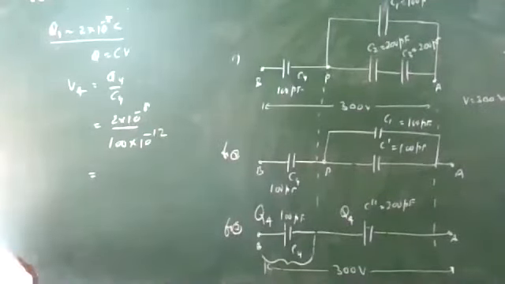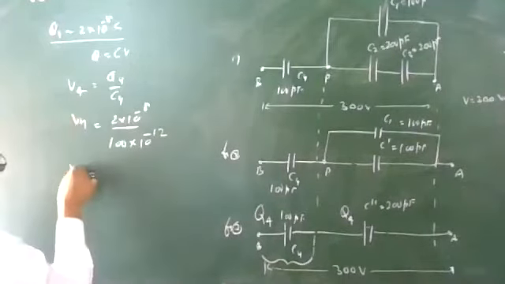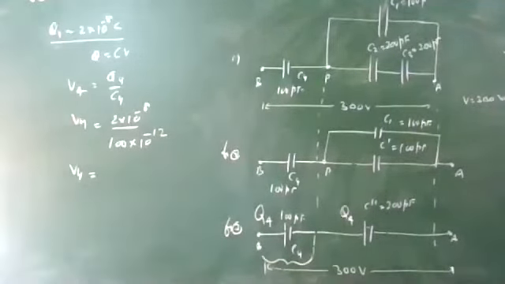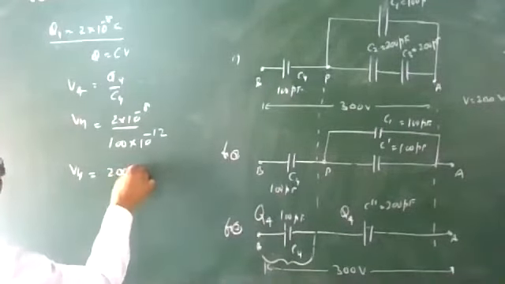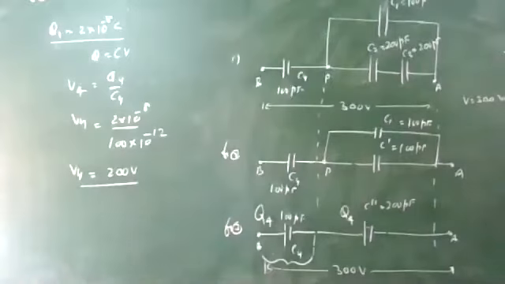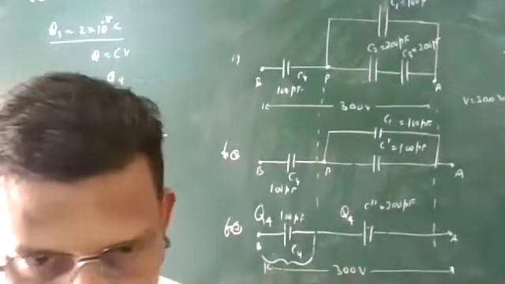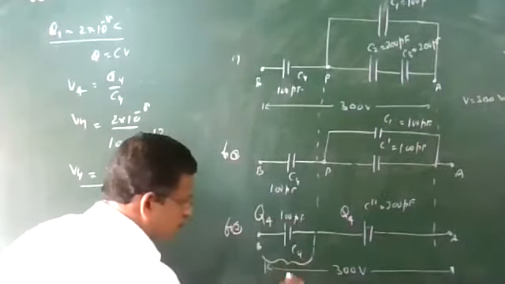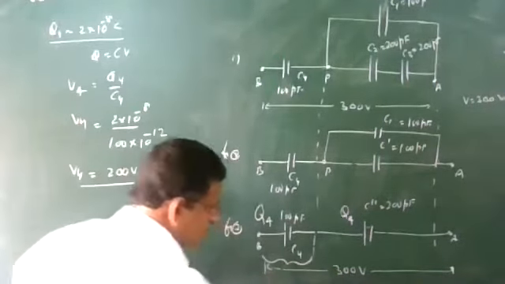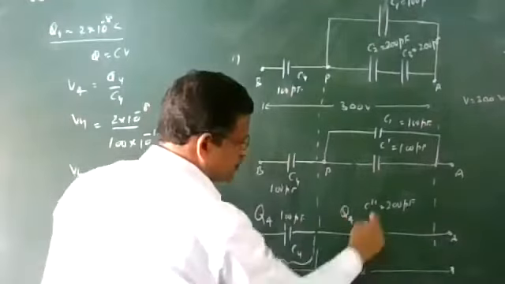Can you calculate it? It is 200 volts. So from here to here it is 200 volts and the total voltage is 300. So what is the voltage across C double dash?